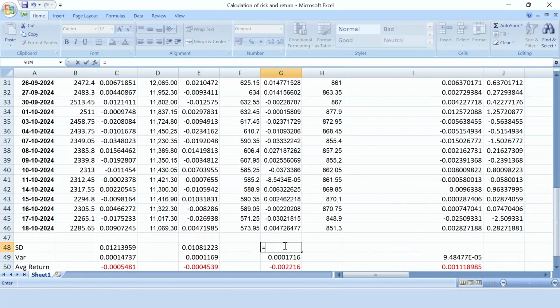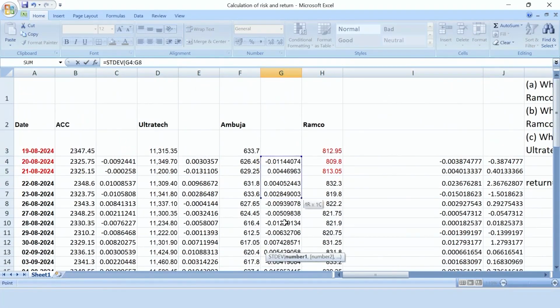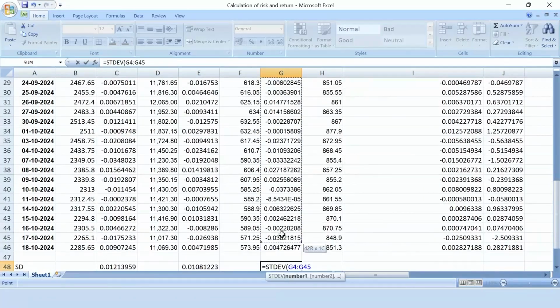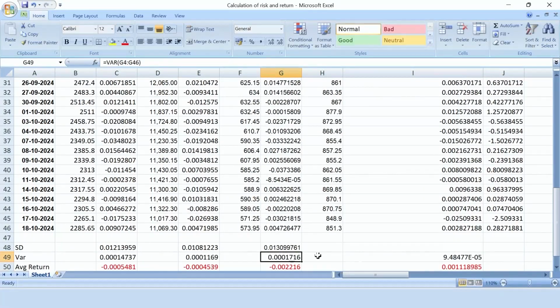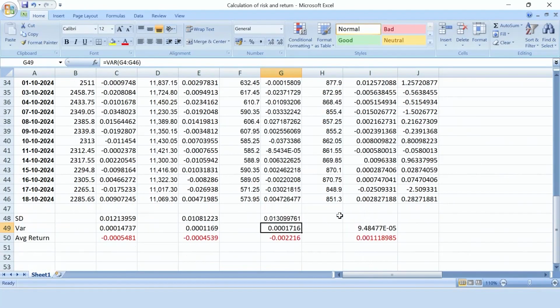Now the standard deviation of Ambuja Cement, and finally the standard deviation of Ramco.